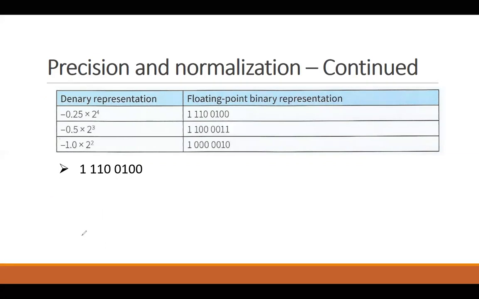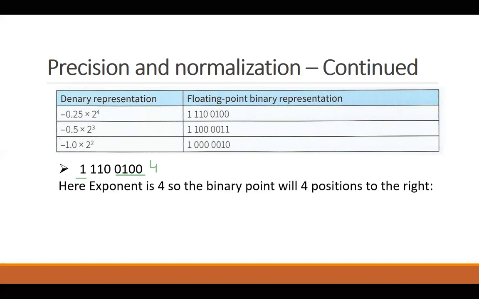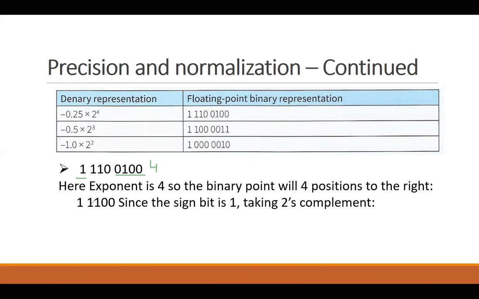So this is my first row, and here exponent is 4, and now you know that I have to move the binary point 4 positions, and this sign bit is also telling you that this value is actually negative. So by moving 4 positions, the point was here, 1, 2, 3, and an extra 0, this 0, to make the 4 shifts complete, and it is done.